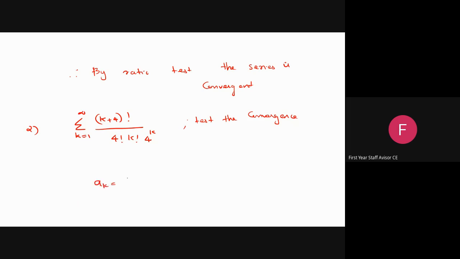a(k) is equal to (k plus 4) factorial divided by 4 factorial k factorial 4 raised to k. a(k plus 1): replace the value of k by k plus 1, that means (k plus 1 plus 4) factorial divided by 4 factorial (k plus 1) factorial 4 raised to k plus 1.